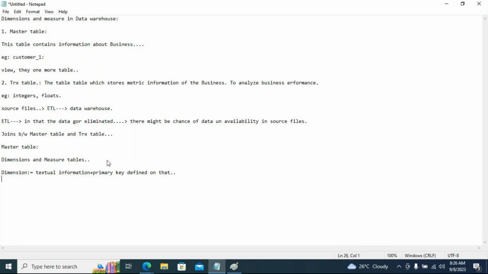Those tables are the dimension tables. Whereas the measure tables will have numeric data, defined with integer data types or number data types, and also will have foreign keys.